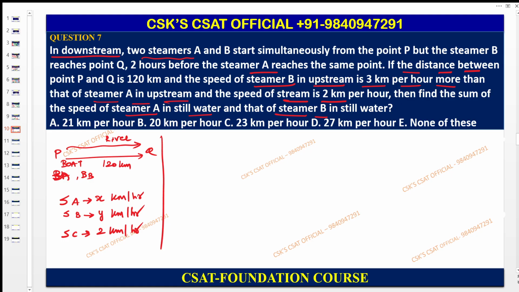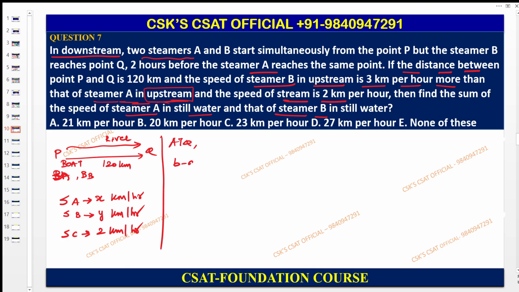The speed of steamer B, you can take as y kilometers per hour. And what else is provided here? The speed of the stream, which means the speed of the current, is provided as 2 kilometers per hour. With this data, we need to find the sum of the speed of steamer A in still water and steamer B. So you need to find out SA plus SB.